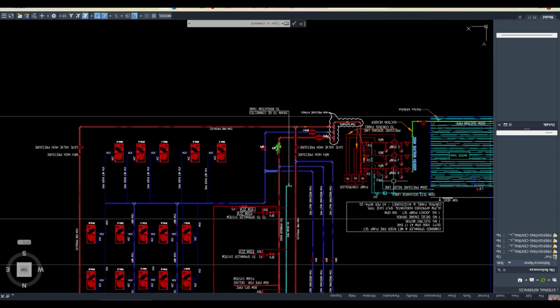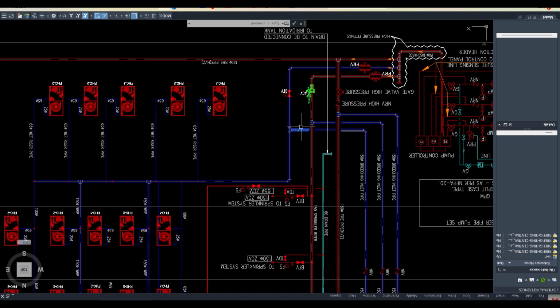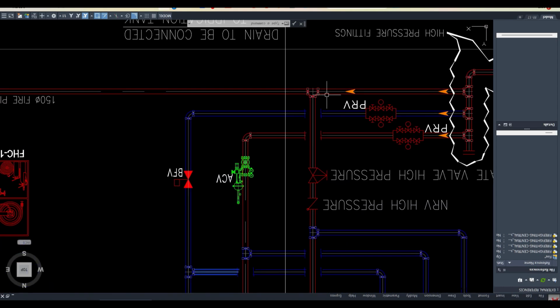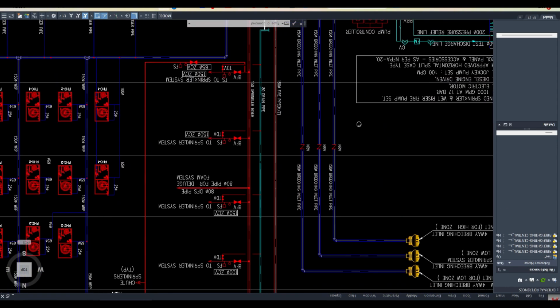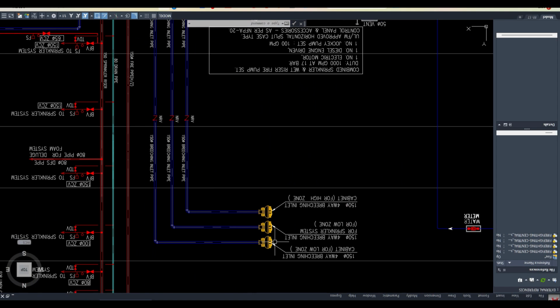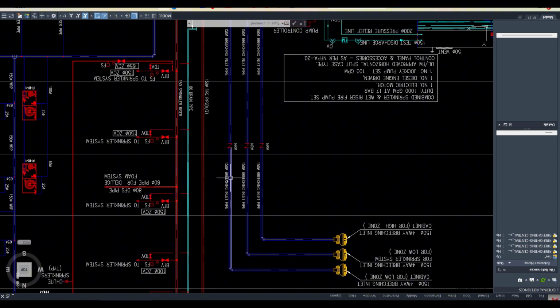Suppose the water is finished or the motor is not working, this pumping system is not working, in that case you can close this VFB, or even the NRV is also there. So in that case this pipe is connected with the breaching inlet. Breaching inlet is something from where your fire truck, the fire persons who come from the municipality, can connect their truck and fill the water here, and their pumping system is also there.